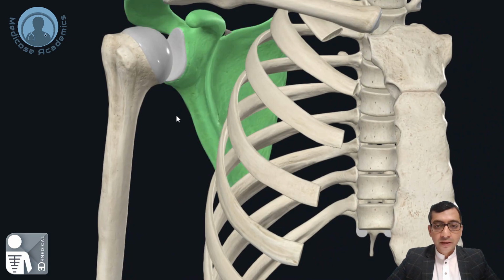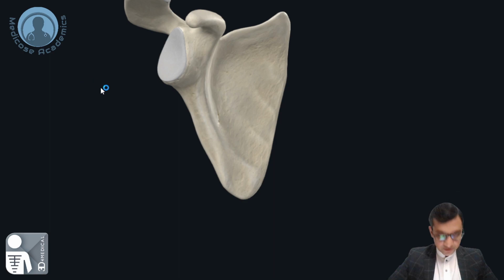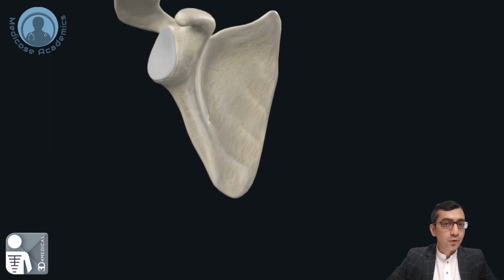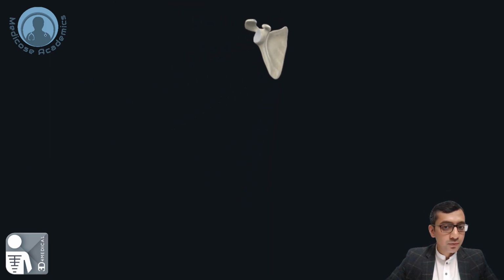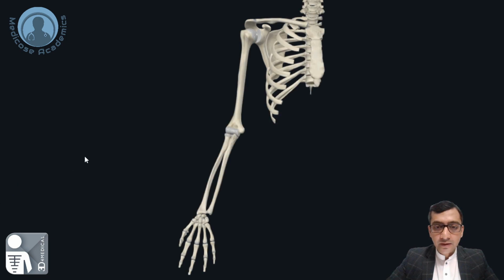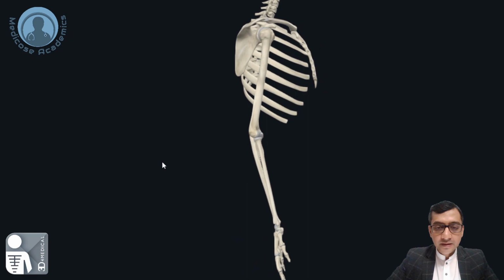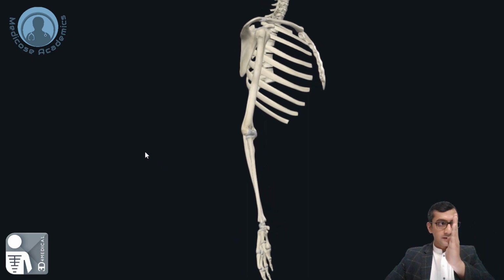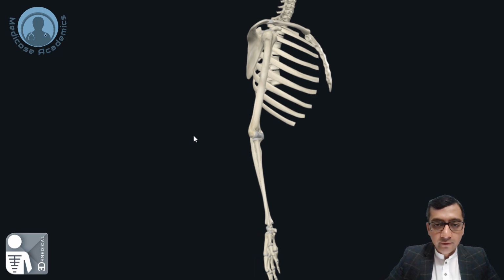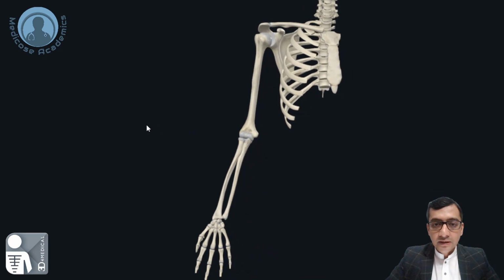If you look at the scapula in anatomical position, you can see that it's a little tilted anteriorly, so it's not like this, it's somewhat like this. So this surface is technically a little below it also, apart from being in front of it. So this is also called subscapular fossa, anterior surface, costal surface.